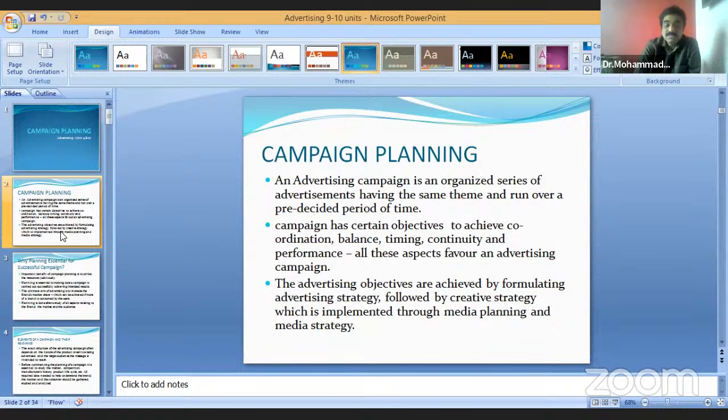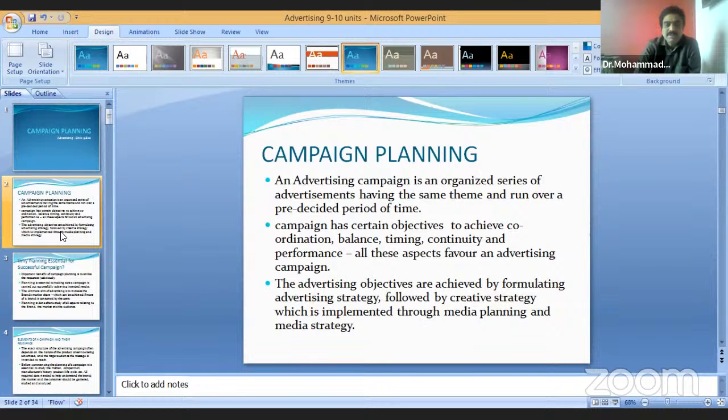After the creative is ready, it will be delivered through a proper media mix and proper media planning. Which media is potential, which media is capable of reaching the target audience and making an impact, so that they retain the message or campaign and go for purchasing the particular product?